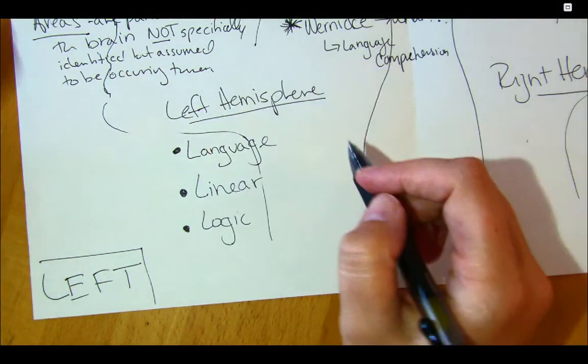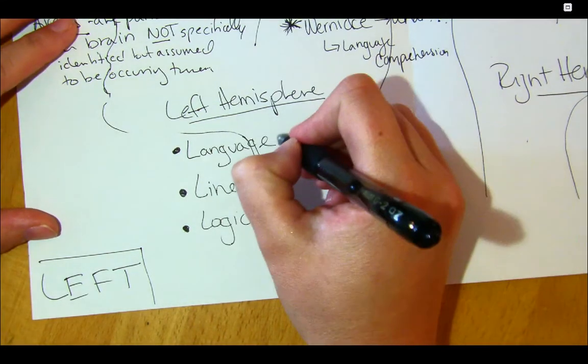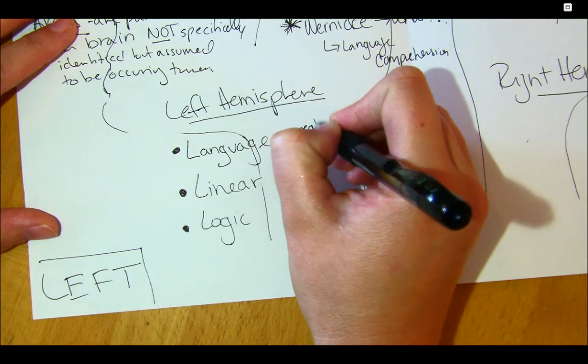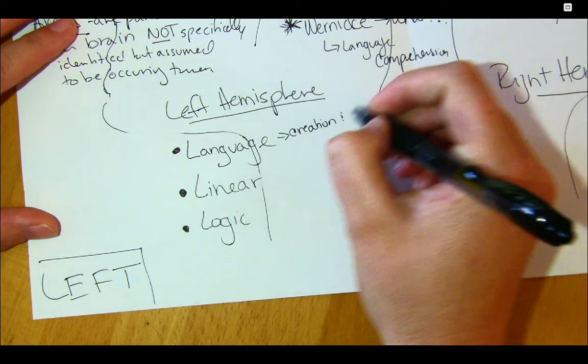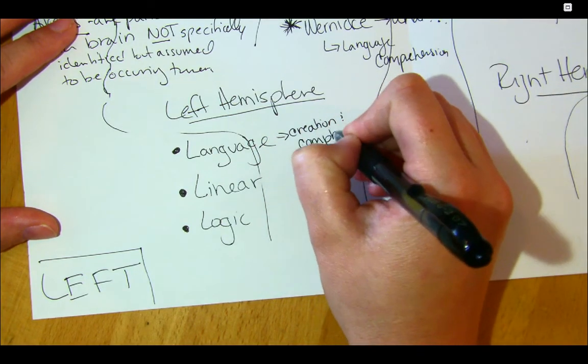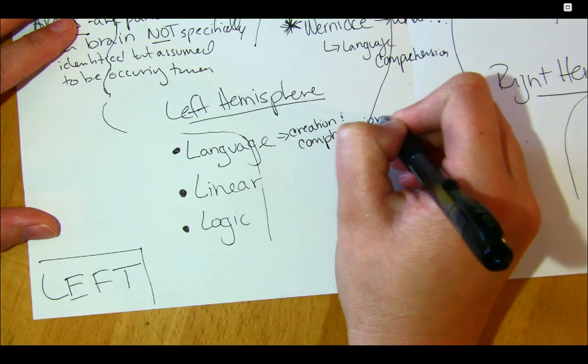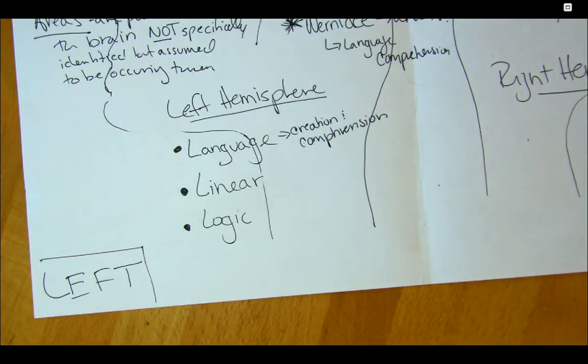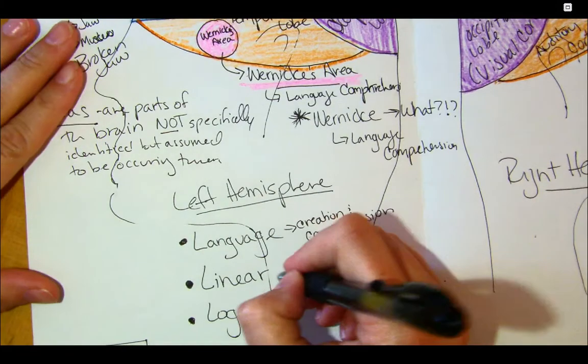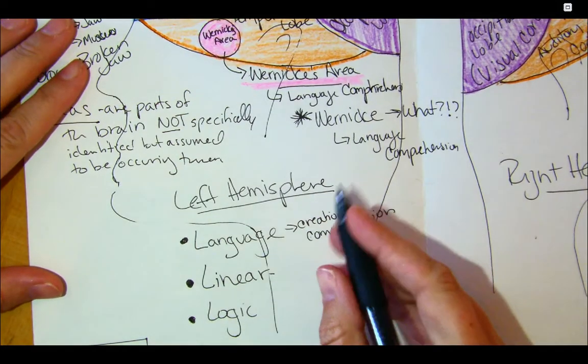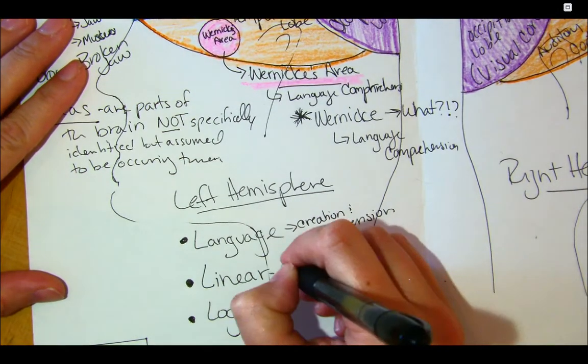So, language. What do we mean by language? It is the creation and comprehension of language. So anytime that you're hearing something or saying something, it's your left side of the brain that's doing it. Isn't that cool? That's so cool. Linear is your thought progressions.